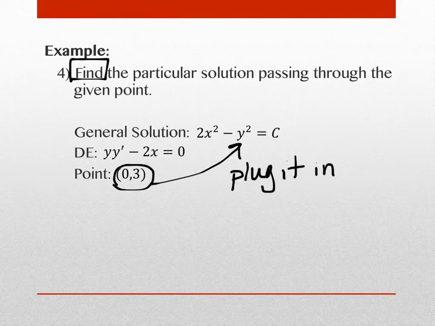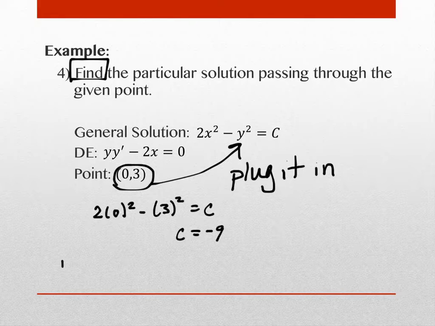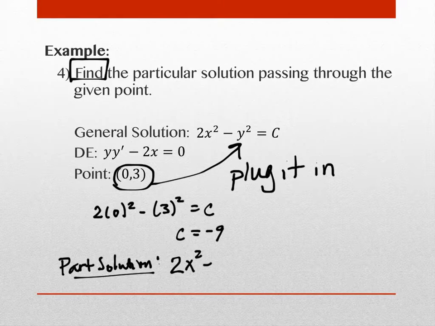Thanks. Okay, we're going to plug in the point 0, 3, and we're going to solve for C. So if I plug in 0, 3, what do I get? Yeah, 2 times 0 squared minus 3 squared equals C, so C is -9. So the particular solution is 2x squared minus y squared equals -9.